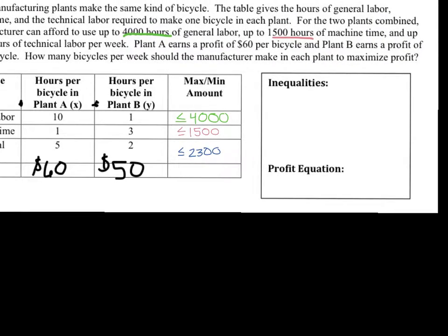I'm just going to go ahead and write them down. So we have 10x plus 1y has to be less than or equal to 4,000. And then we have 1x, or just x, plus 3y has to be less than or equal to 1,500.